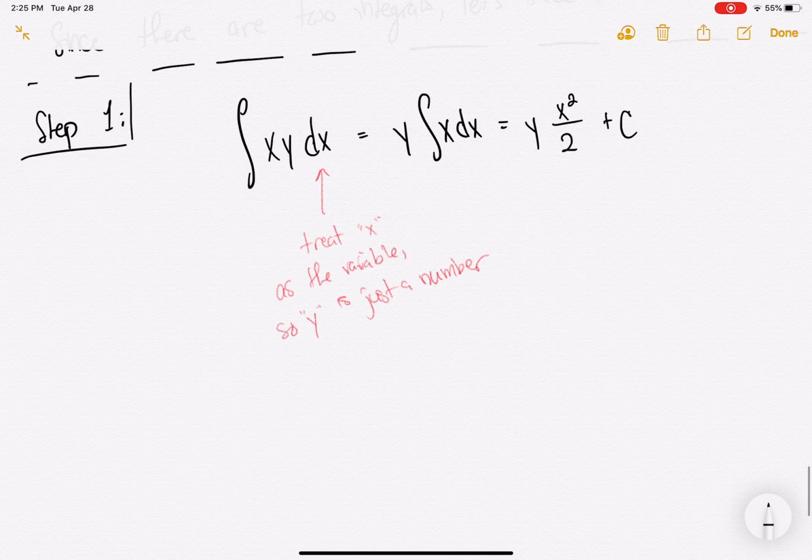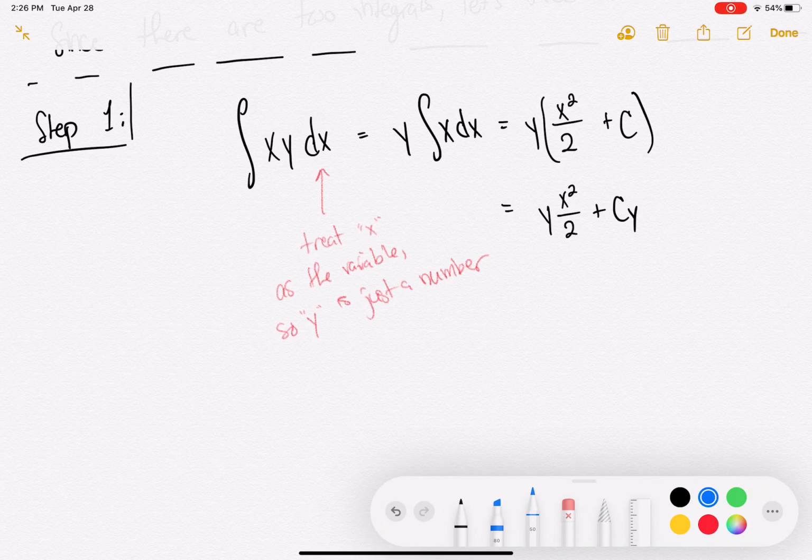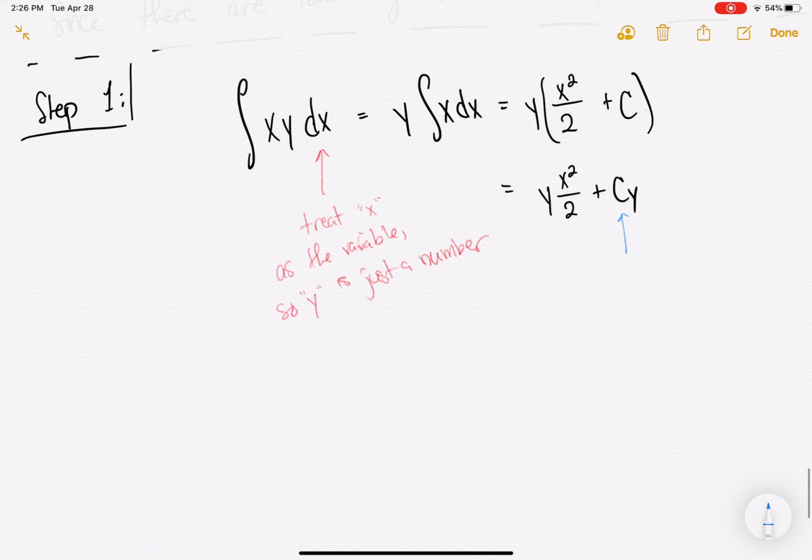X squared over 2 plus c. So in some sense this is really like y x squared over 2 plus cy, but this is where kind of the Calc 3 stuff comes into play.